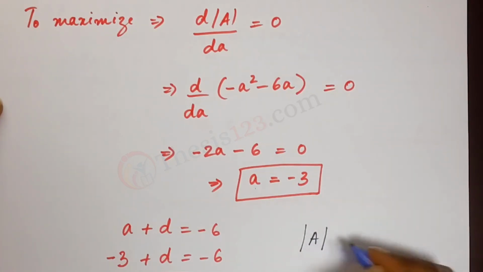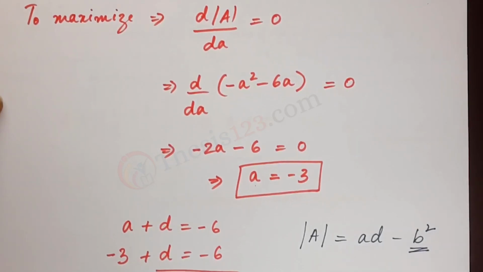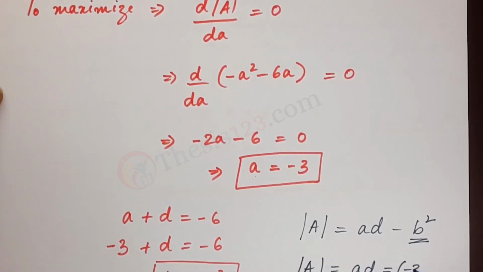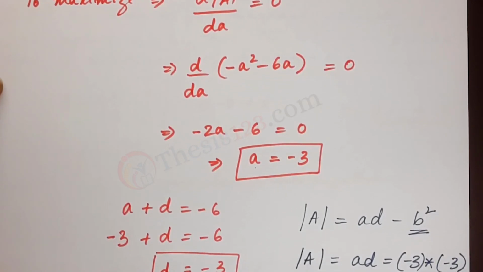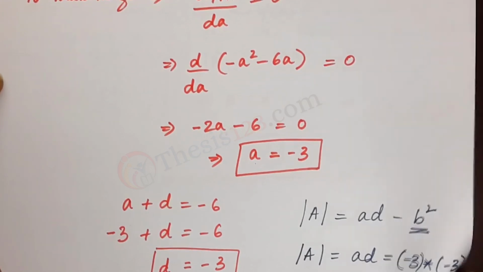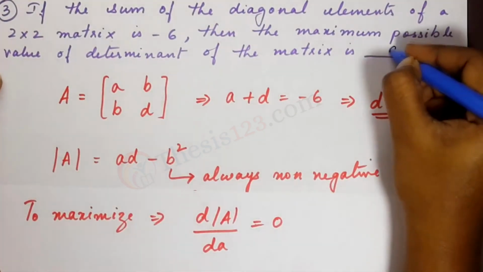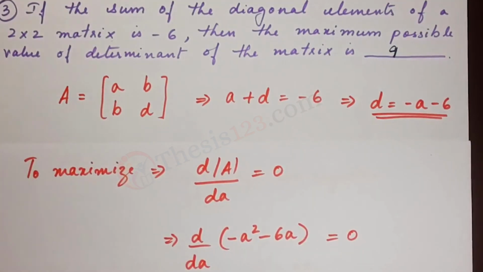Now we have that det A is equal to AD minus B square. We have proven the fact that B square should be 0 in order for det A to be maximum. So that means that det A is just AD, which means it's minus 3 into minus 3. That gives us a value of 9. So here the final answer is 9. The maximum possible value of determinant of the 2 by 2 matrix is 9.